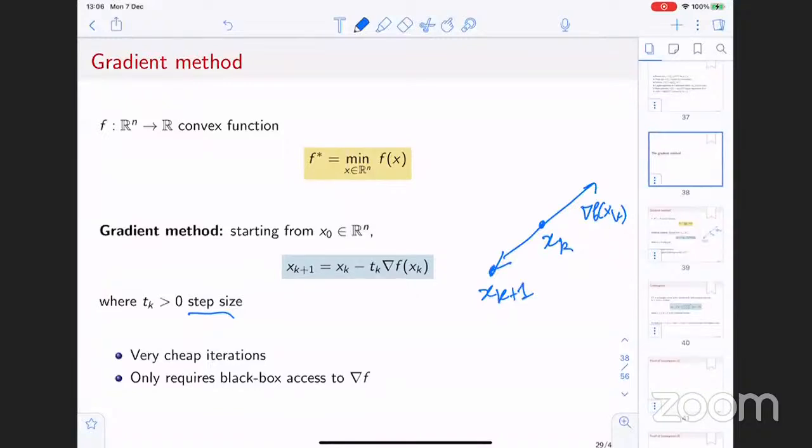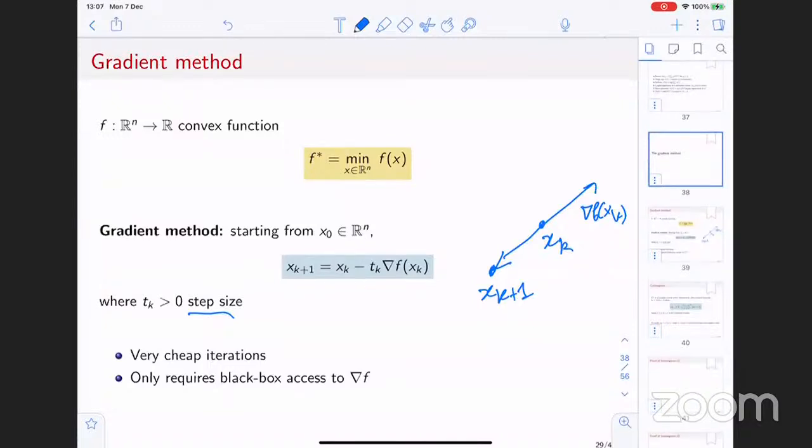The gradient method is not completely defined in the sense that I did not say exactly how the step size is chosen. In order to completely specify an algorithm, you need to say how the step size is going to be chosen at each step, and we are going to talk about this. There are various ways to do this.